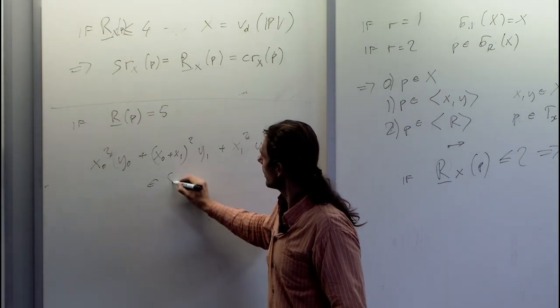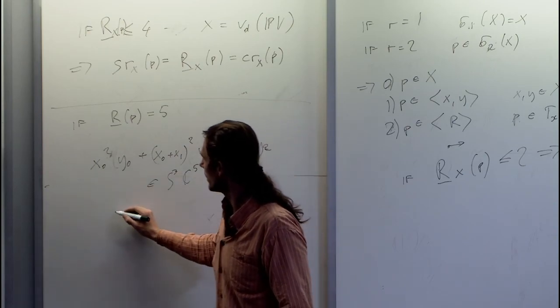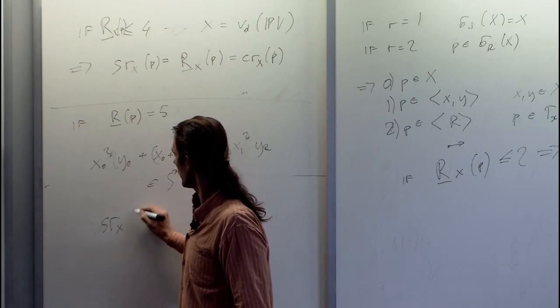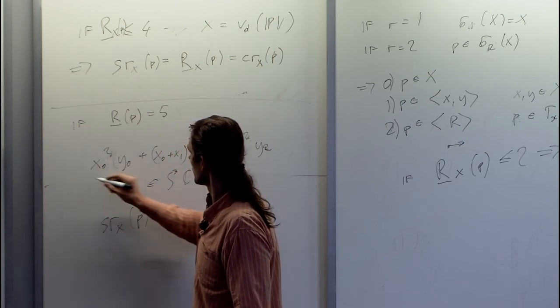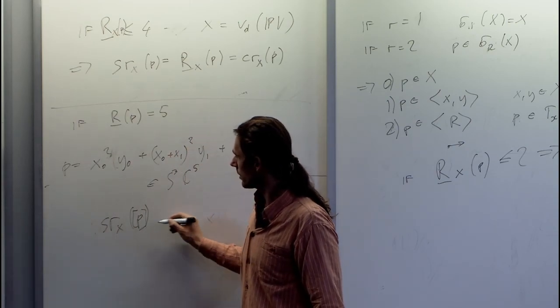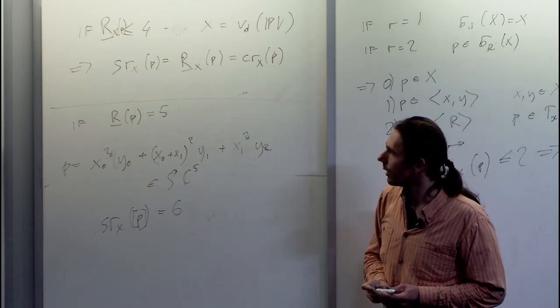This lives in S^3 C^5, and the smoothable rank of X is equal to 6, whereas the border rank is equal to 5.